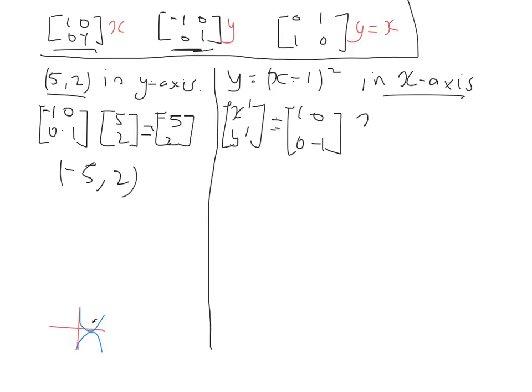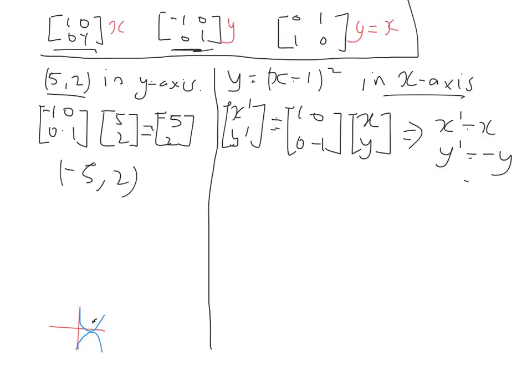Now multiply that by x and y. So now when we multiply this out, we'll find that x dashed equals x and y dashed equals negative y.